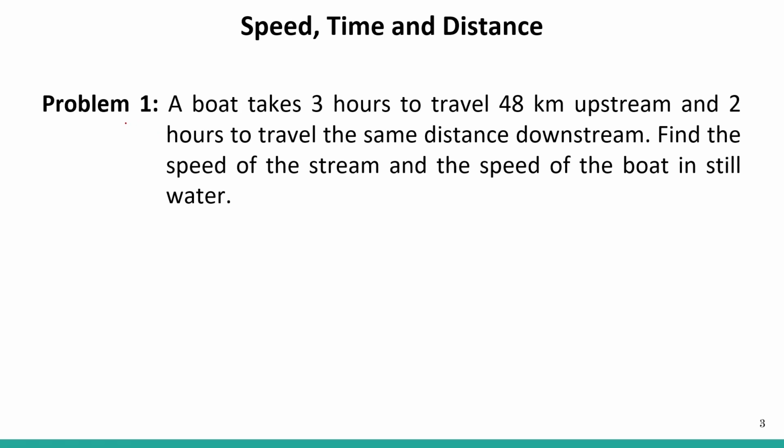Starting from problem number 1, a boat takes 3 hours to travel 48 kilometers upstream. Here the keyword is upstream. And it takes 2 hours to travel the same distance downstream. Let's say the boat is going in this direction. So this will be upstream and this will be downstream.